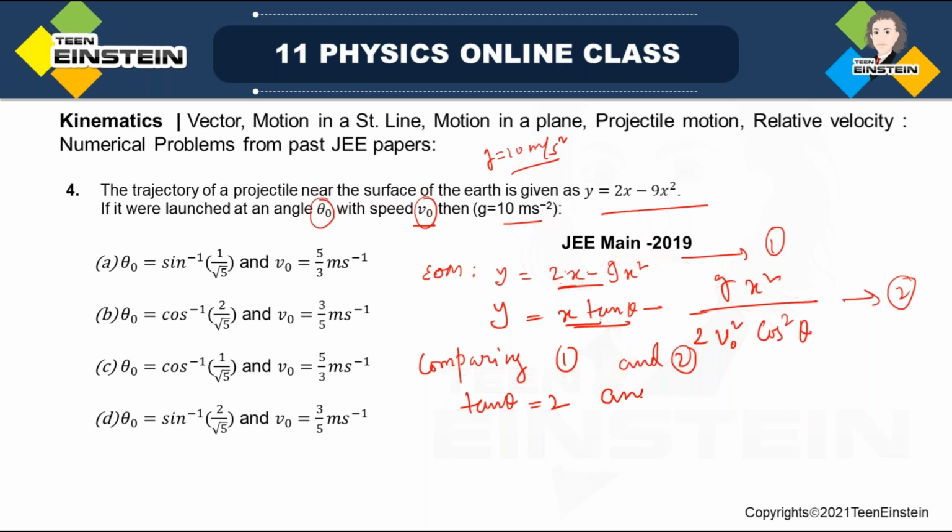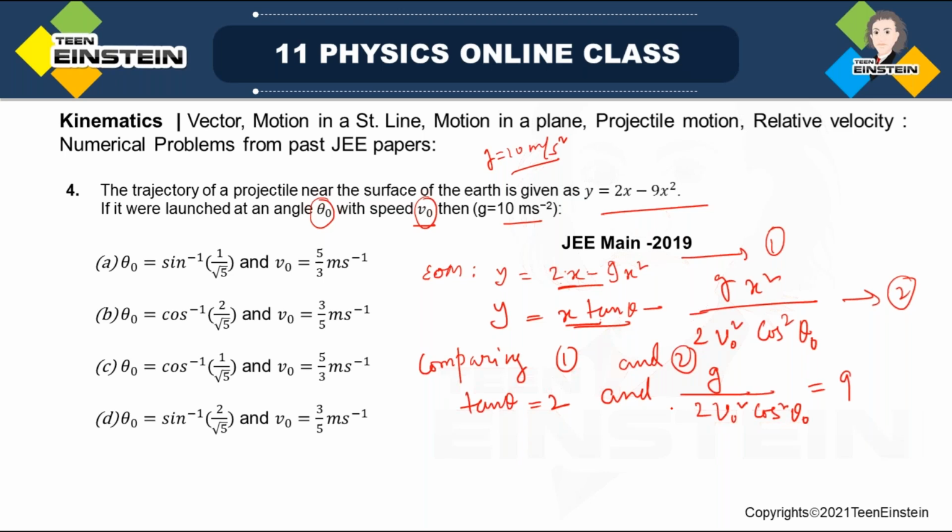We can write g by 2 v naught square cos square theta is equal to, here, 9. Okay, this is the 9. So using these two, we have to find out theta 0, cos square theta 0.